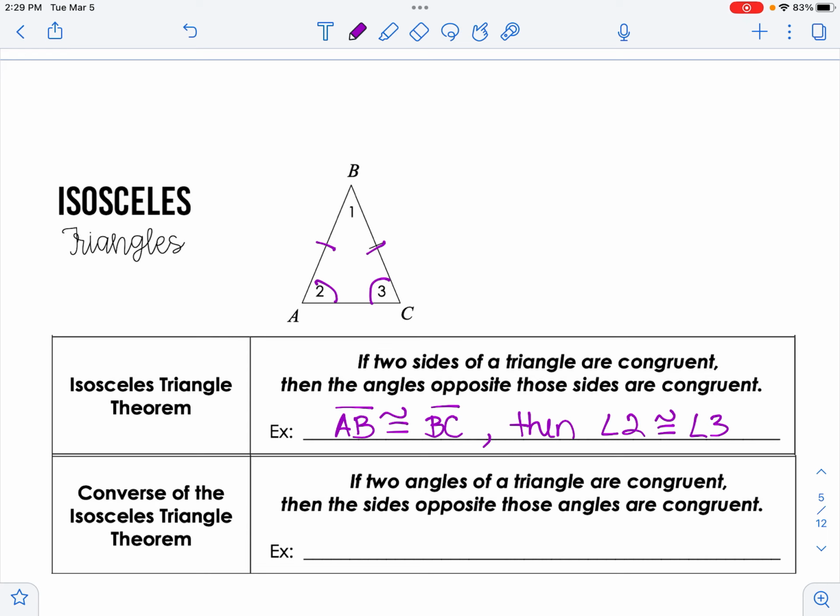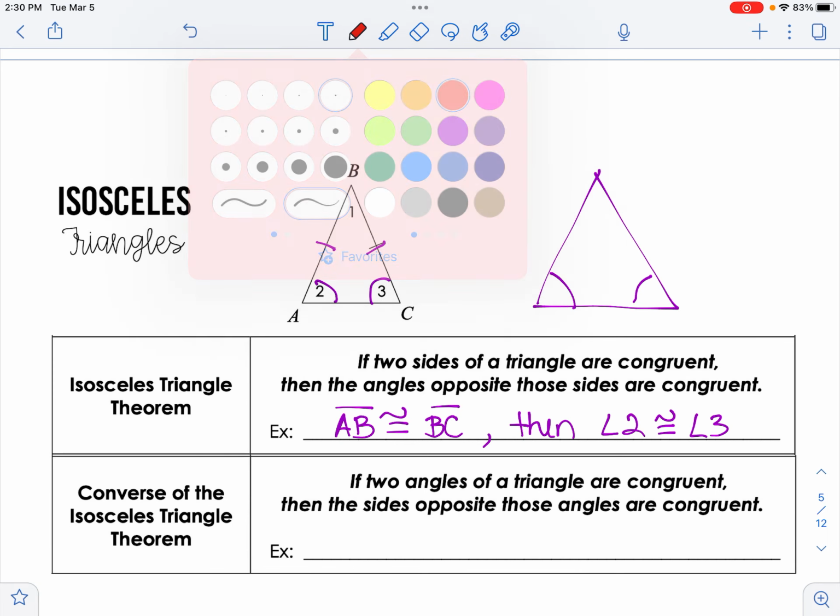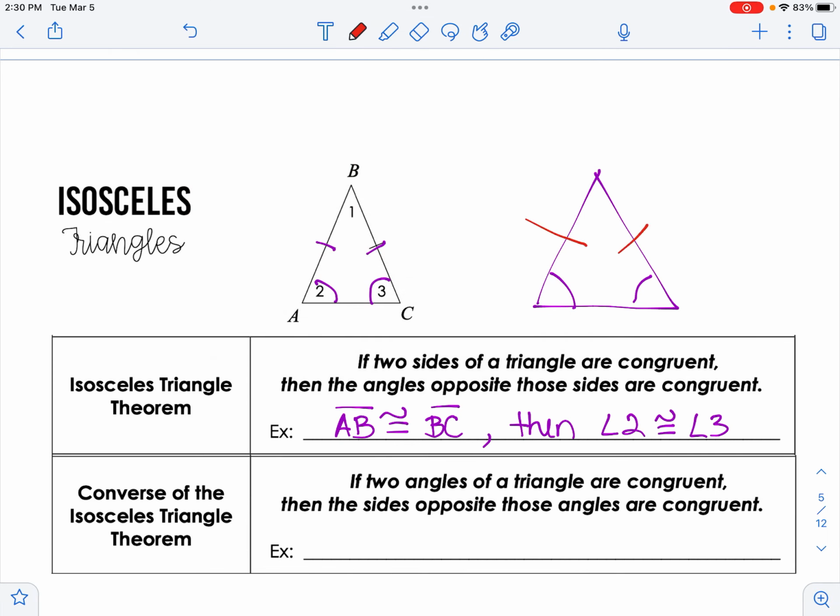Okay, the converse of that says, let's say you've got a triangle and you know that this angle and this angle are congruent, then that means the sides across from them have to be congruent, this one and this one. So just the reverse of that.